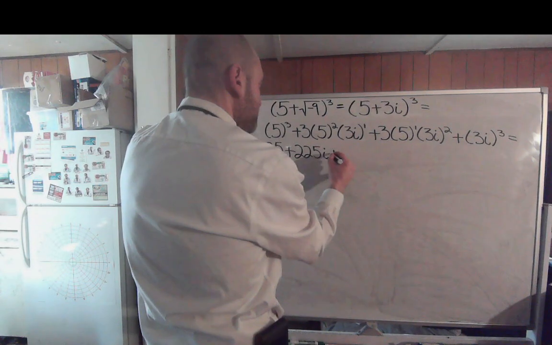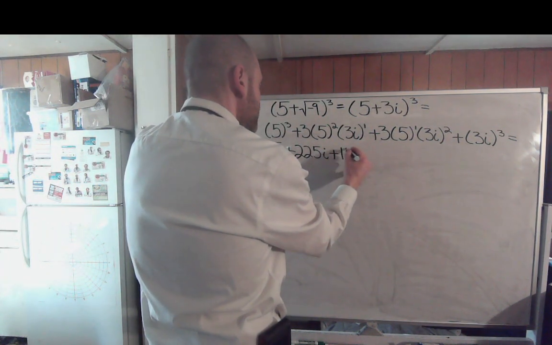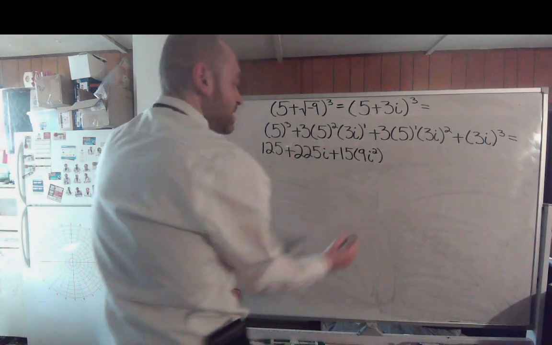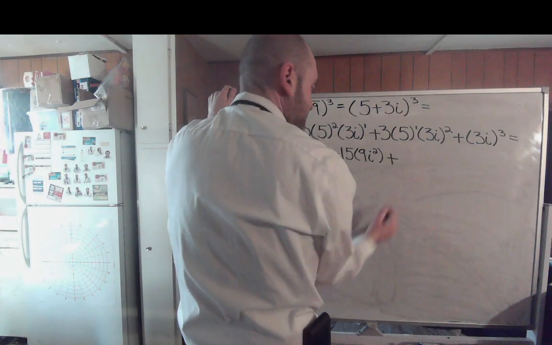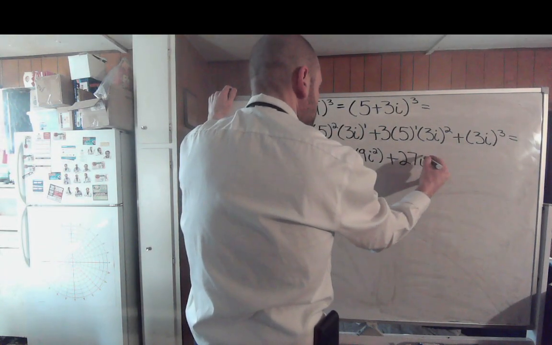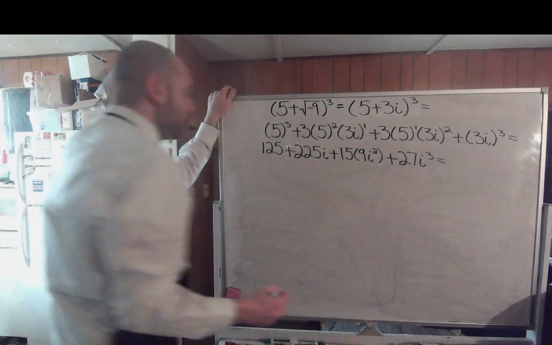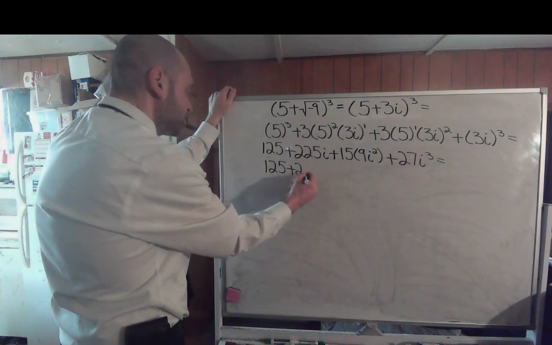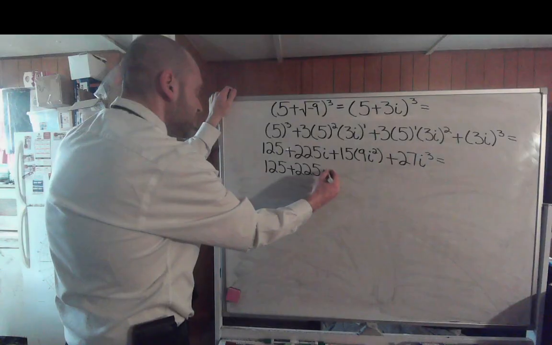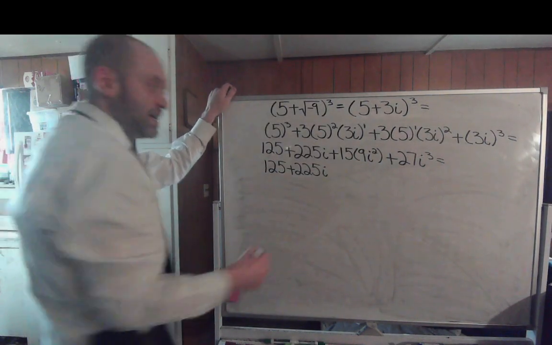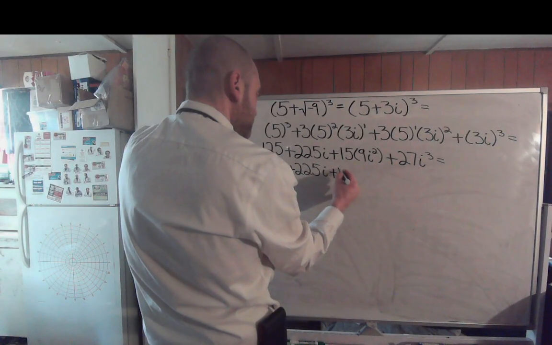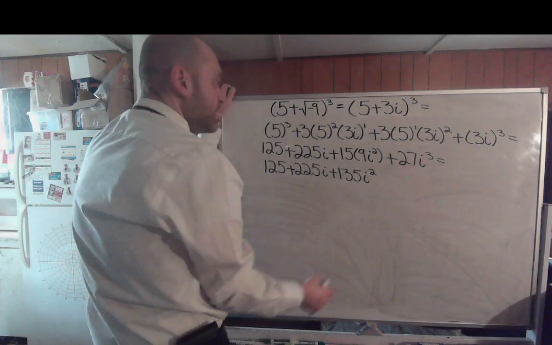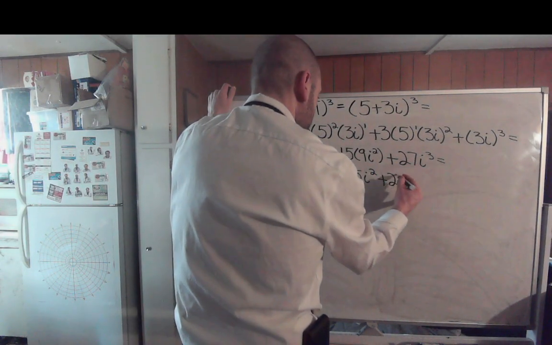Plus 15 times 9i squared, plus that 3i to the third, that'd be plus 27i to the third. Alright, so this turns into 125 plus 225i. Now 15 times 9, that's 135, so that'd be plus 135i squared plus 27i to the third.